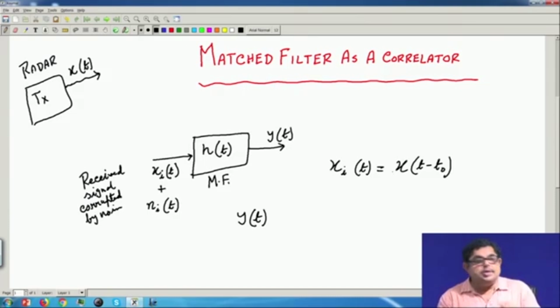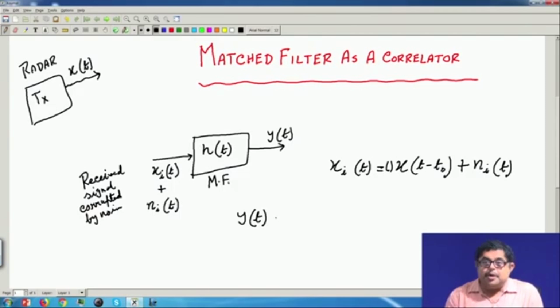Actually, it will obviously have an amplitude factor, and may also have a phase factor, that for simplicity I am not taking now. Plus the n_i(t). There is something else here that I could include, but it is immaterial.